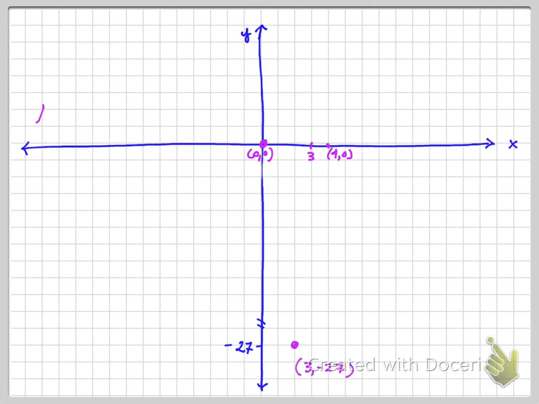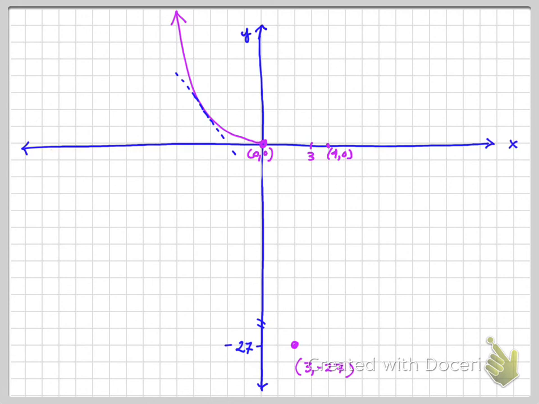I also know from the end behavior that my function is going off to infinity over here, so I know it looks like that. And then remember, my function is actually decreasing, right? So it's decreasing on the left of 0, and just to show you really quick, the tangent line is decreasing. So that's what they mean by that.